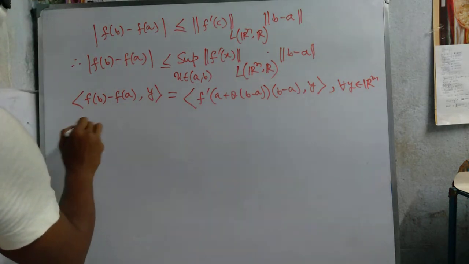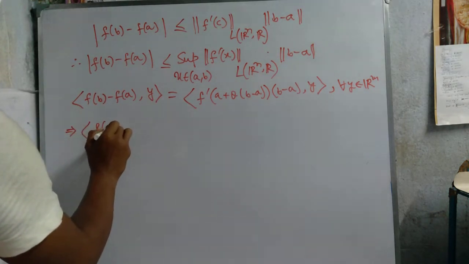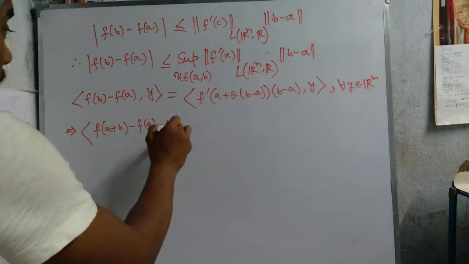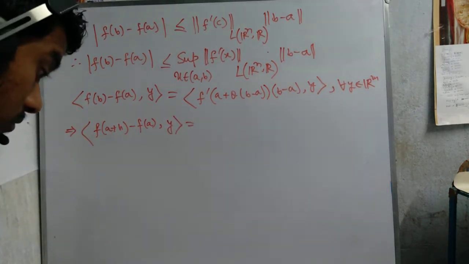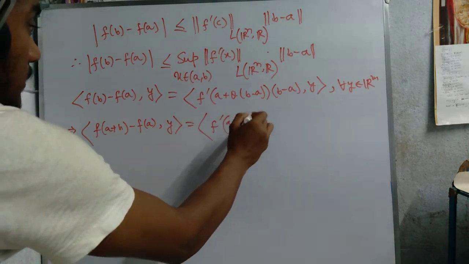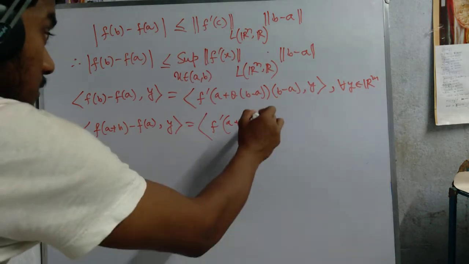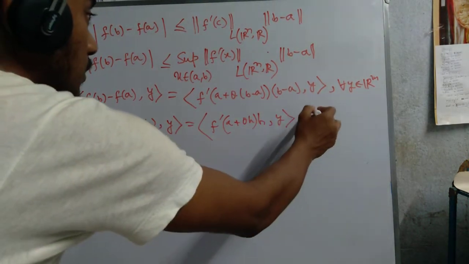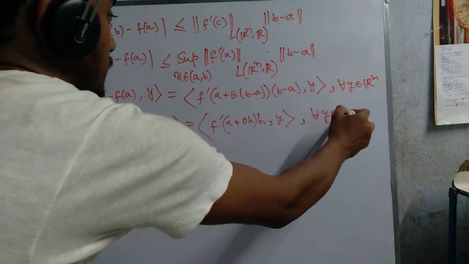This implies inner product of f(a + h) minus f(a), y equal to f'(a + θh) y for y belongs to Rm.